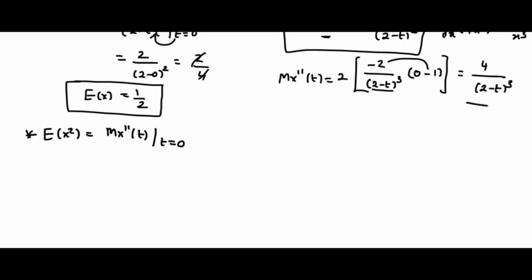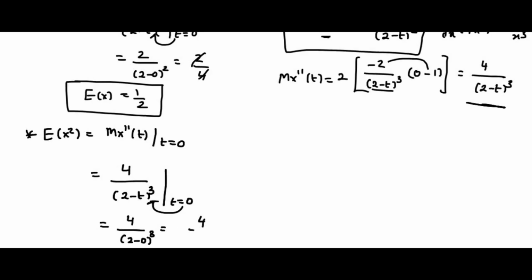This is the M_X''(t) answer, so we write 4/(2 - t) cubed, and substituting t equal to 0, we get 4/(2 - 0) cubed. What is 2 cubed? 8. So 4 and 8 cancel, and we get the expected value of X squared equal to 1/2.